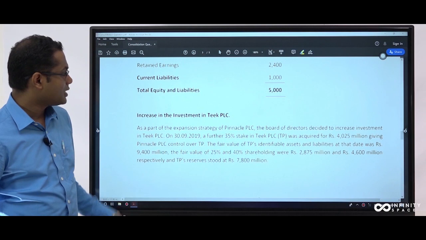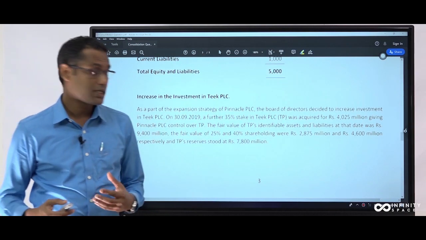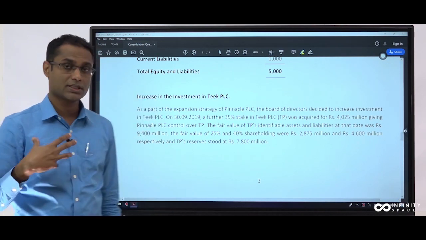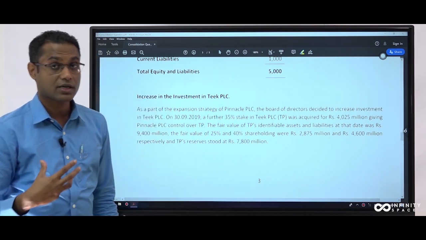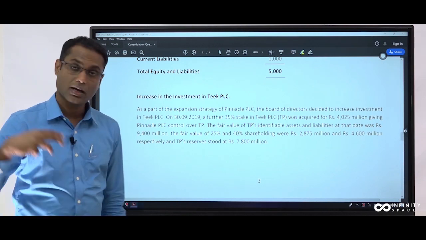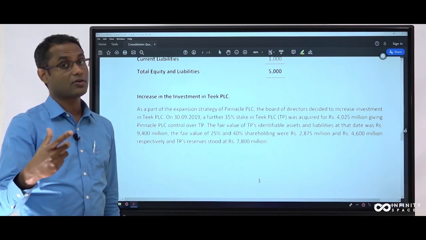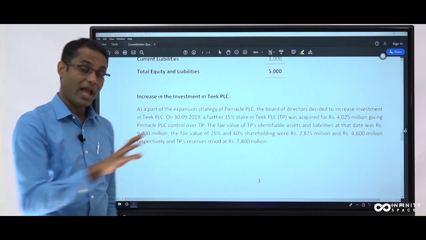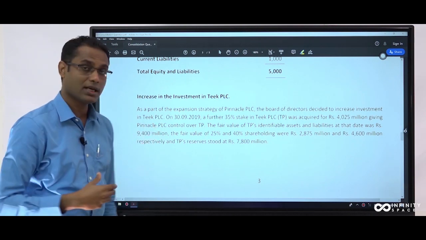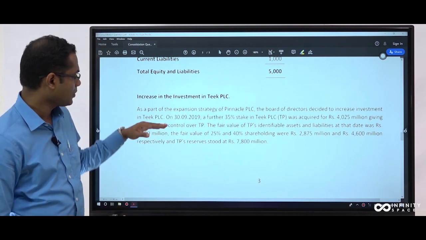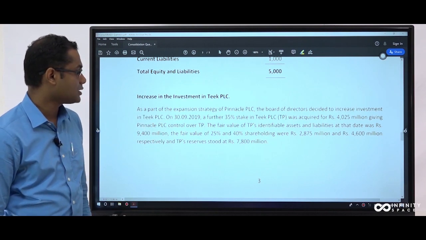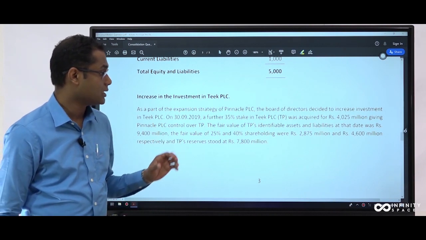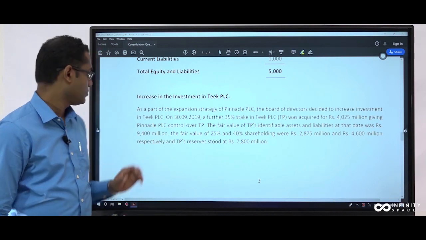Then you have been given additional information in the pilot paper, as unseen information, about the increase in investment in Teak PLC, because in the pre-seen, what was given is that Pinnacle acquired a 25% holding of Teak PLC as at 31st December 2017. Now, additional information: as part of an expansion strategy, the board of directors of Pinnacle PLC decided to increase the investment in Teak PLC.